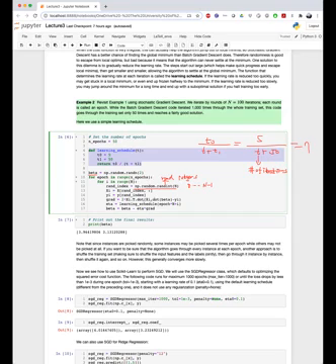Still, I use the gradient formula, nothing changed. And then I update my eta, with epoch times n plus i. Initially, epoch is 0, 0 times n is 0, and i is 0.